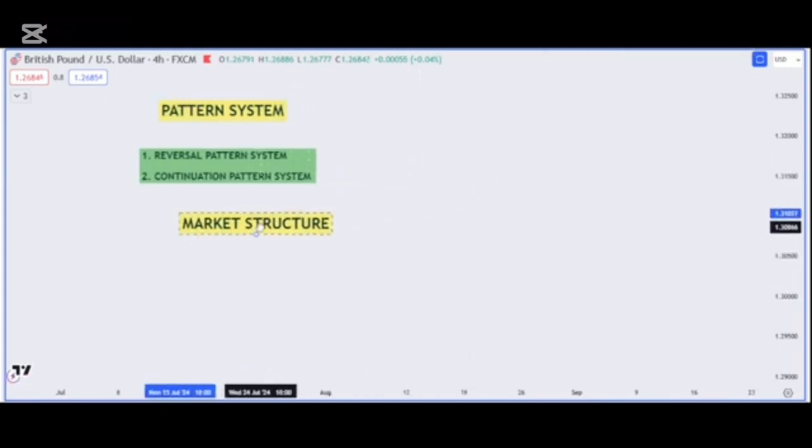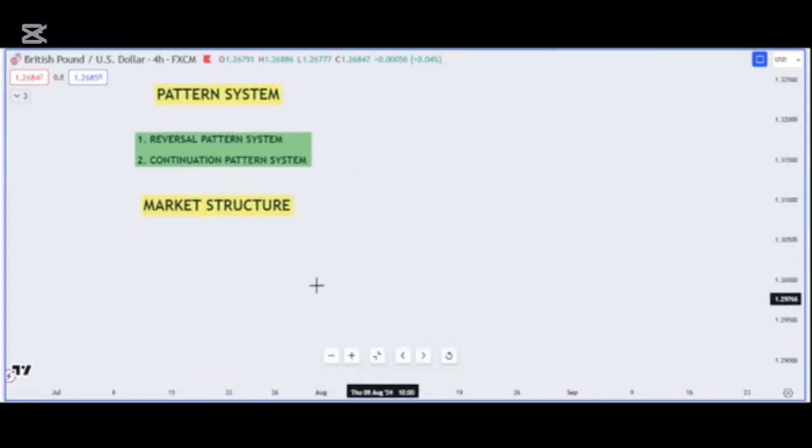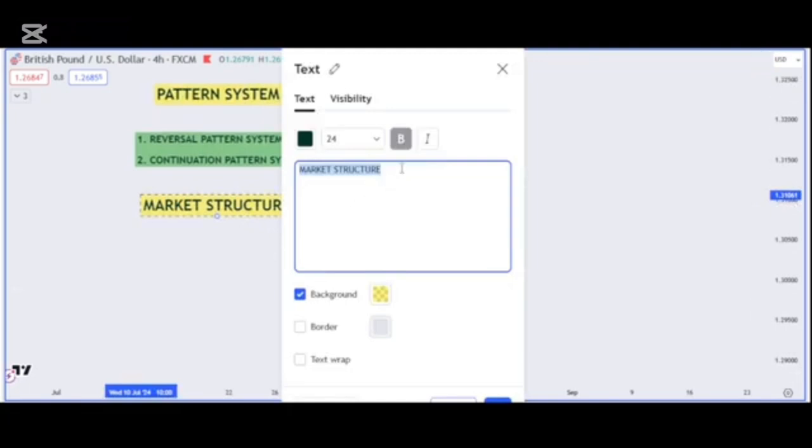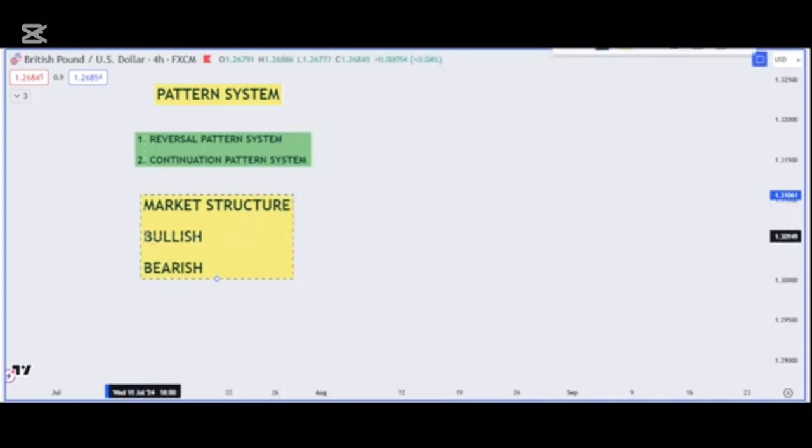Once you're able to understand the structure of the market, under the structure, we have bullish structure and then we have bearish structure. So I also call it downtrend. You can also call bullish structure uptrend market.